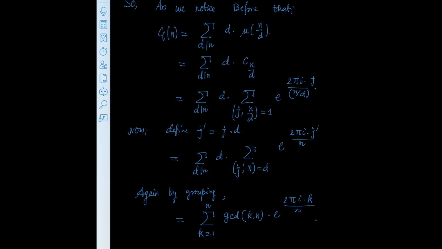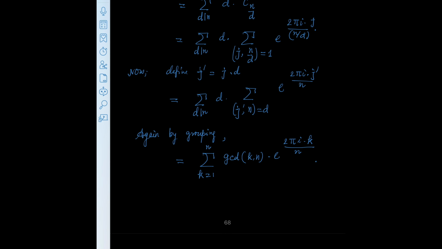Just think about it, because we define d equal to GCD of k comma n and group the terms when the GCD is d, grouping the elements from 1 to n which have GCD d with n. So then you can get the equality.